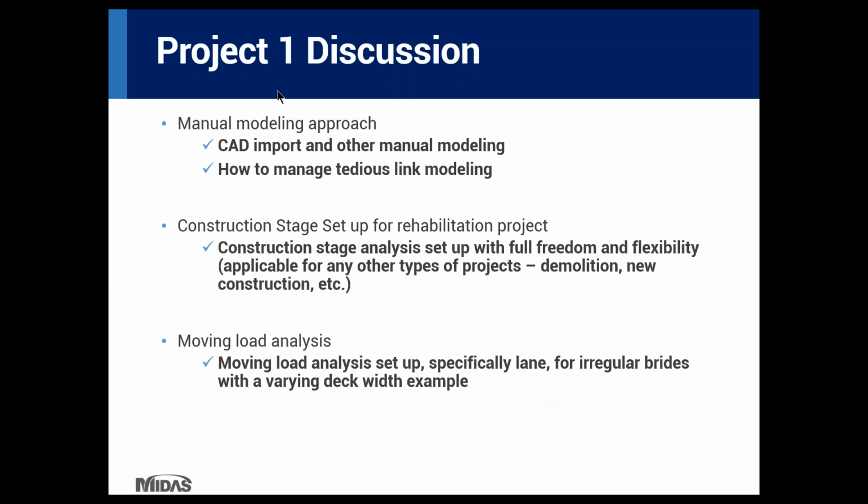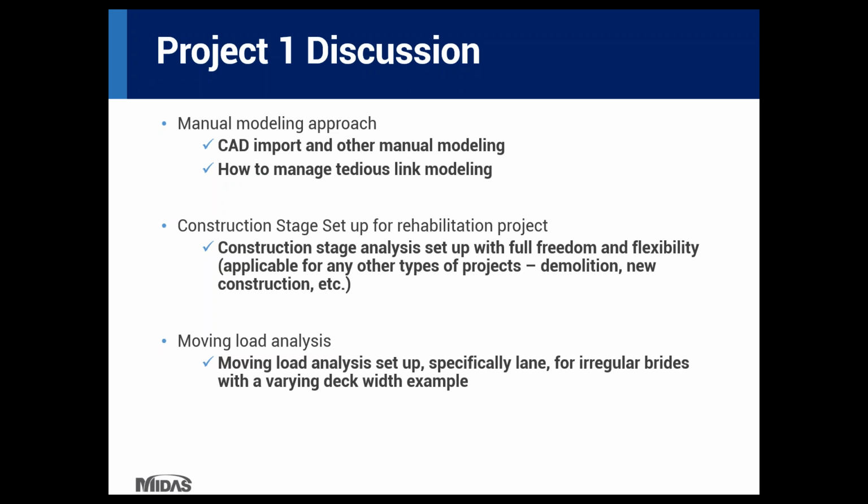So the discussion points for the first project is the manual modeling approach, steel composite wizard. For this type of irregular project, you could use 2 ways, either model using the wizard, but then the wizard cannot handle varying deck width. So you actually need to combine multiple sets of model and modify from that point on.